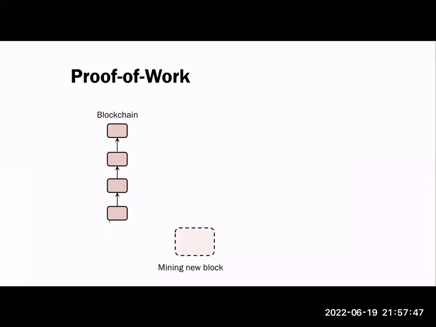Okay, so you have a blockchain here. So far, 4 blocks. You now have a new block that you're trying to mine. Imagine you are one of the many nodes. You're called a miner. A miner, remember, takes input transactions.